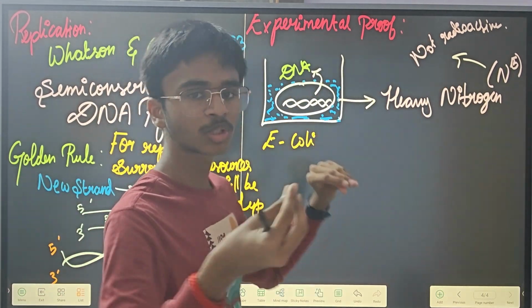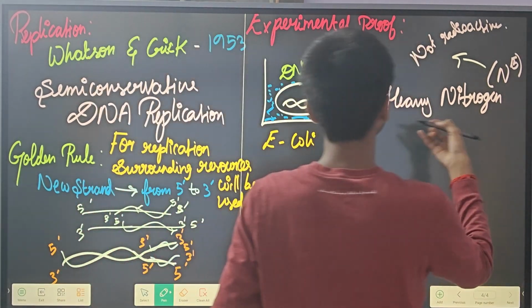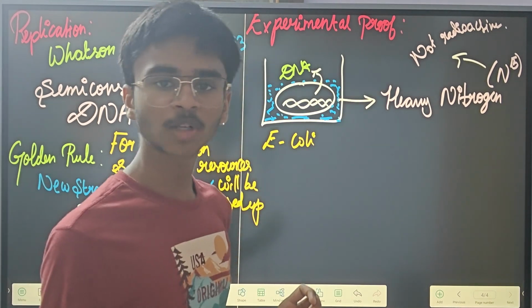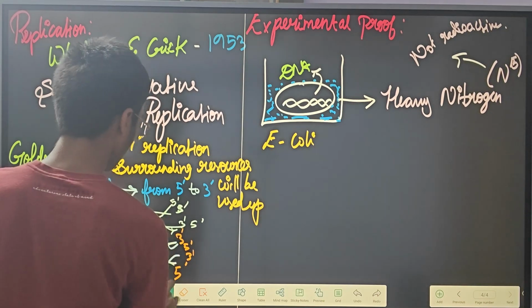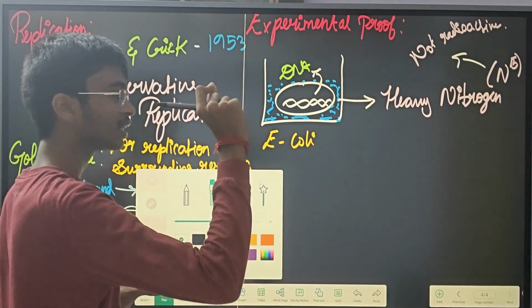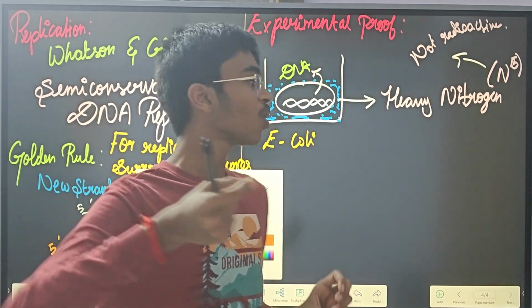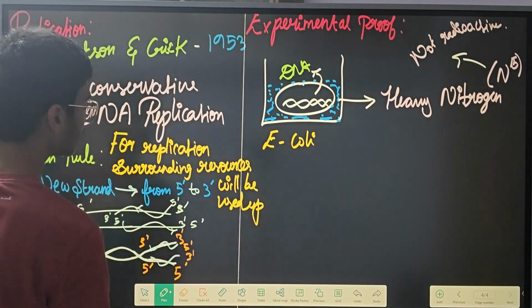That means before putting this E. coli into this nutrient, the DNA is going to be drawn in white color. For differentiation purposes, the DNA which is being replicated inside the nutrient of E. coli will be drawn in orange color.